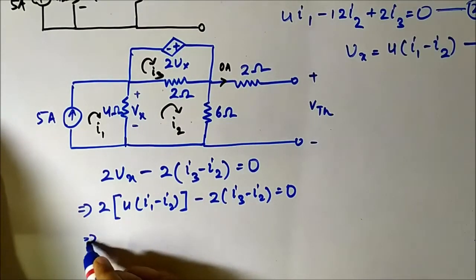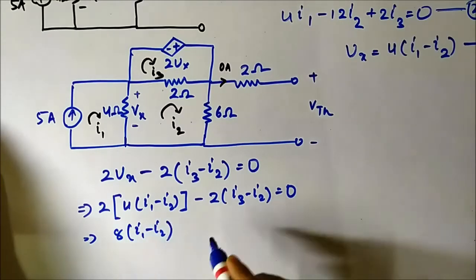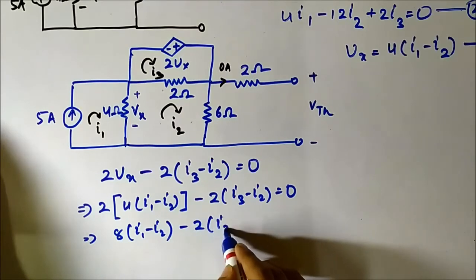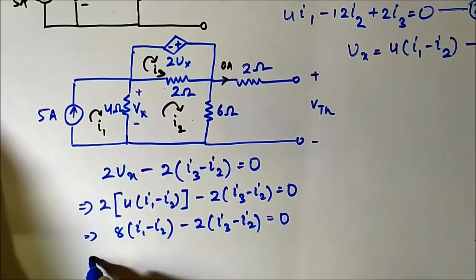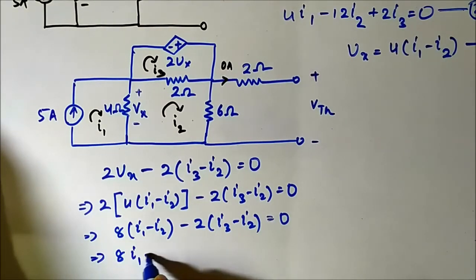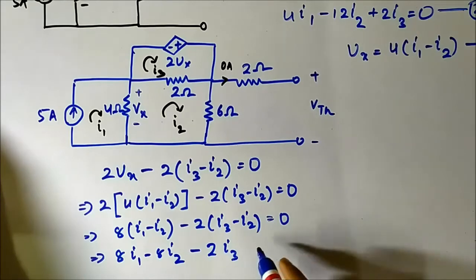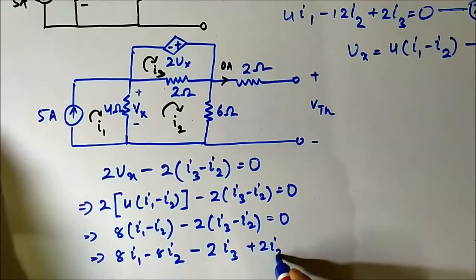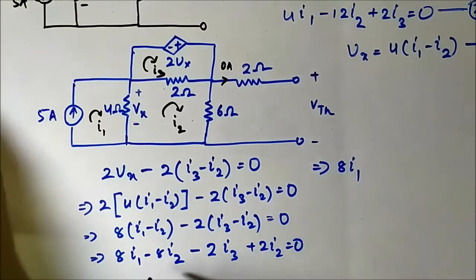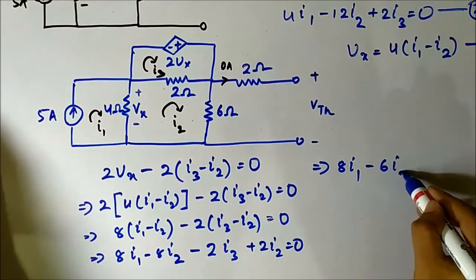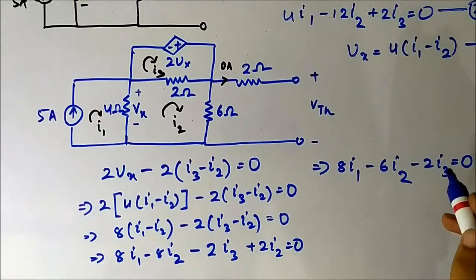Simplifying it further, it will be 8 into (I1 minus I2) minus 2 into (I3 minus I2) is equal to 0, or we can write it as 8 I1 minus 8 I2 minus 2 I3 plus 2 I2 is equal to 0, or it is 8 I1 minus 6 I2 minus 2 I3 is equal to 0. So this is the fourth equation.